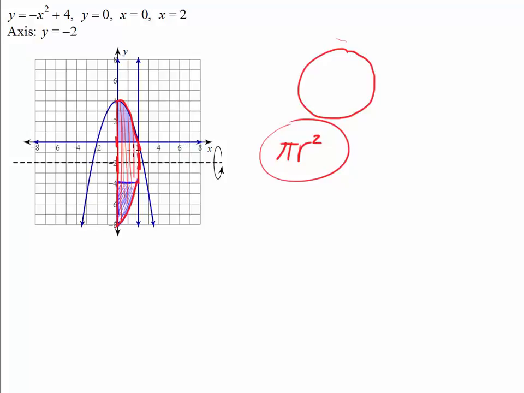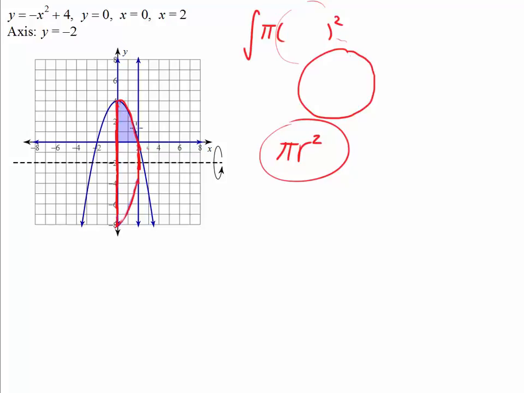So I need to come up with a way to do that. If I'm adding things up, that's going to be integration, and I'm adding up areas, pi radius squared. The question is, what is the radius? Let me erase this blue part down here. As you can see from this picture, because the circles are different sizes, my radius is changing.